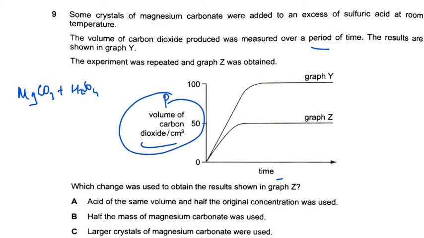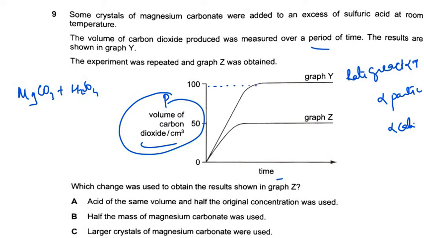Now, rate of reaction depends on what factors? Rate of reaction depends on temperature, particle size, pressure, and catalyst, right? All these things. But if you look at this picture, they are not asking you the rate of the reaction. They are asking you, see the volume.